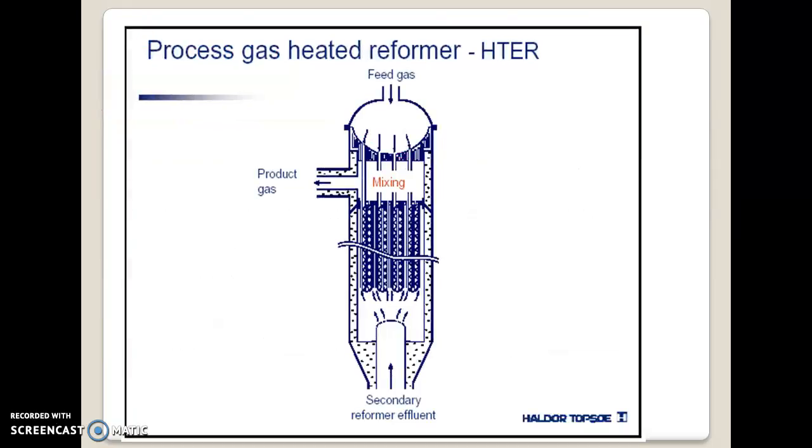You can see this example. It shows a feed gas. You have reforming here with a secondary reformer, and you get hydrogen. Your main concern is the constraint on space and better utilization of heat, which makes it more efficient.